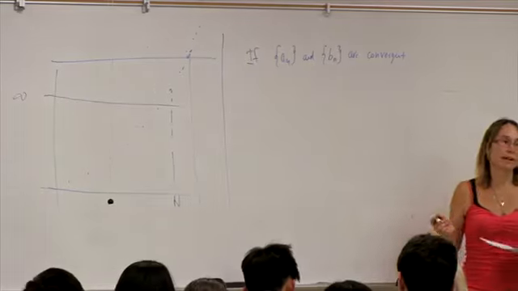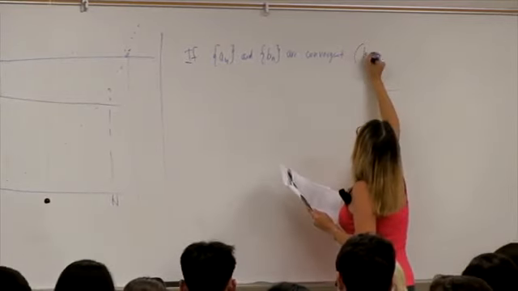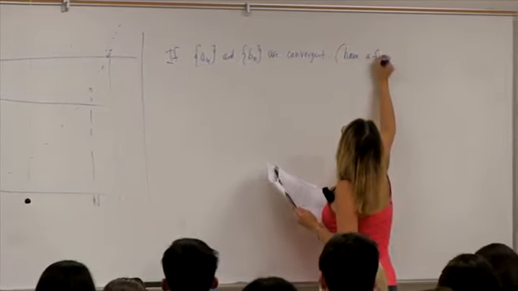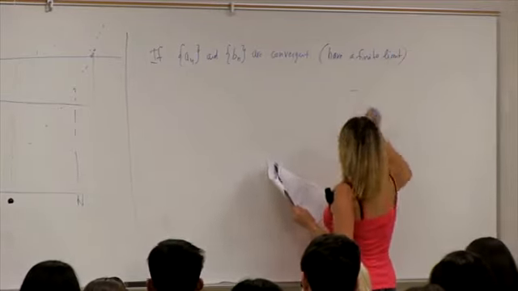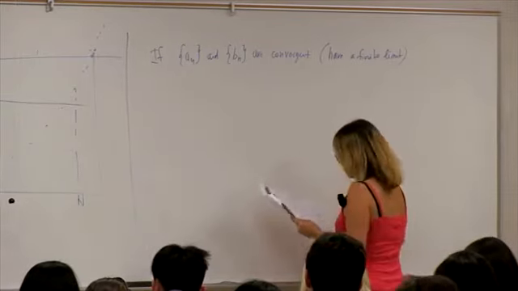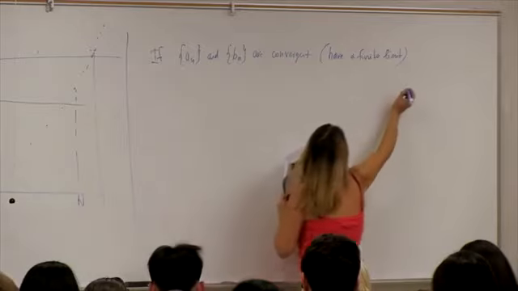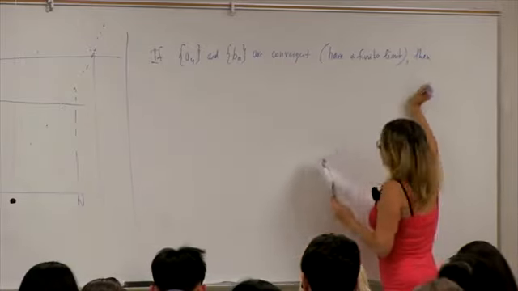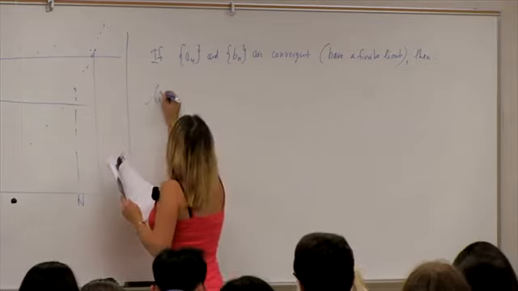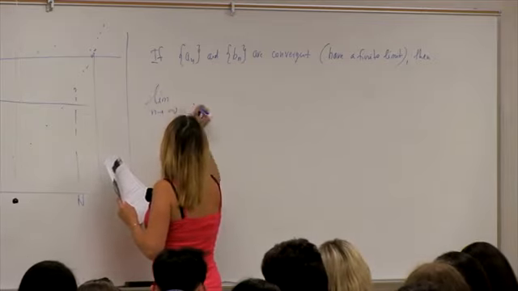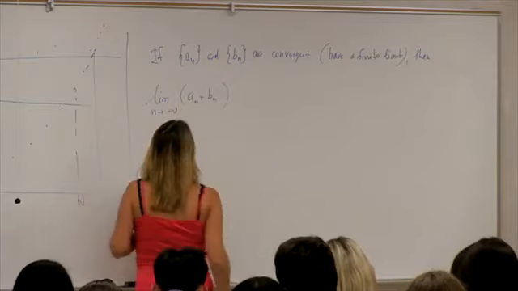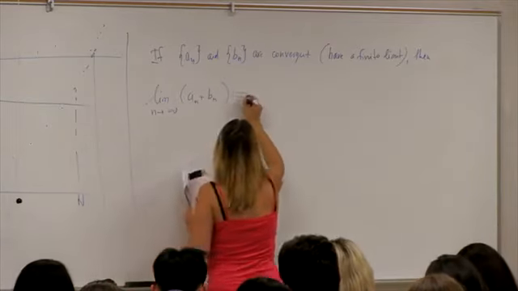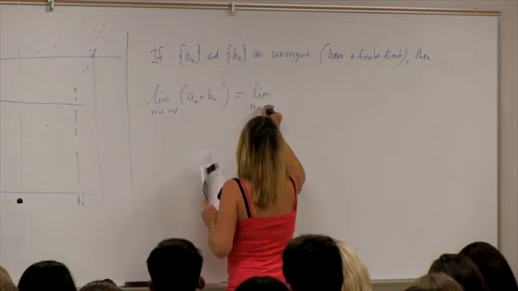Convergent means that they have a finite limit. Then we can talk about the limit as n goes to infinity of their sum. So the limit of the sum is the sum of the limits.